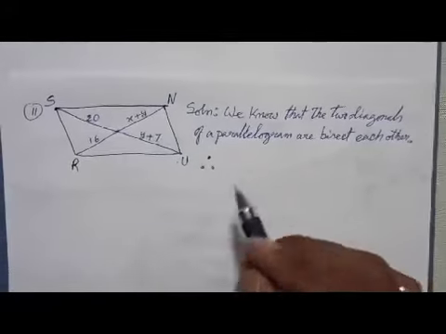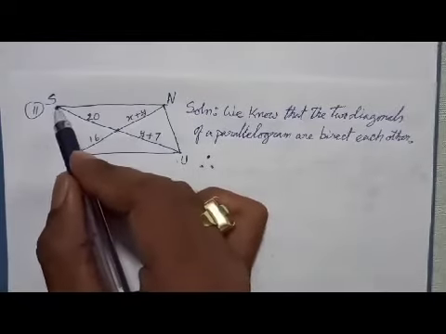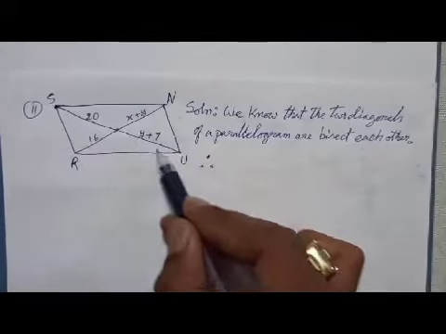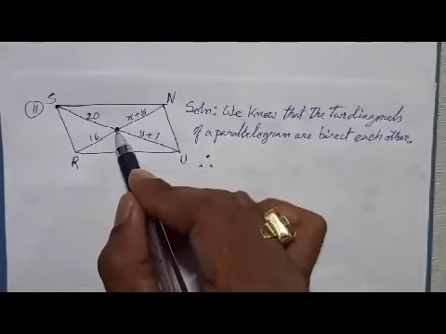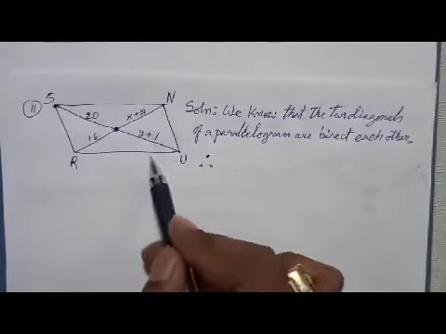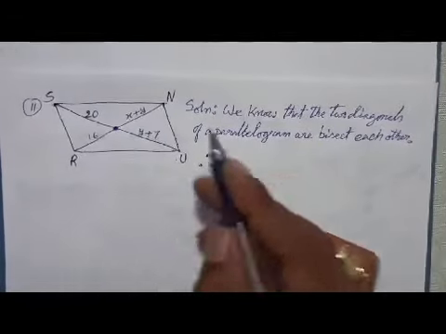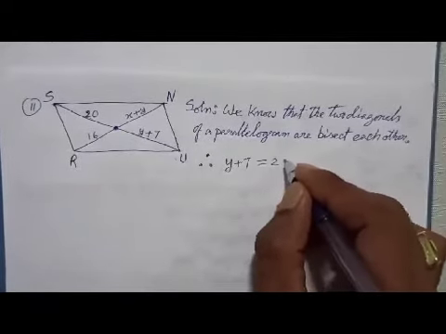Therefore, since this diagonal and this diagonal bisect each other, this point will be the middle point of the diagonal SU. Then this y plus 7 must be equal to this 20. y plus 7 is equal to 20.